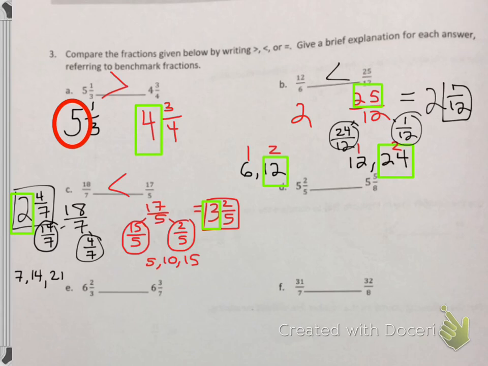Now, what I really like about D is that it's asking us to make common denominators here, because looking at 5 and 2 fifths and 5 and 5 eighths, those are really close. I'm not really sure which one is larger.